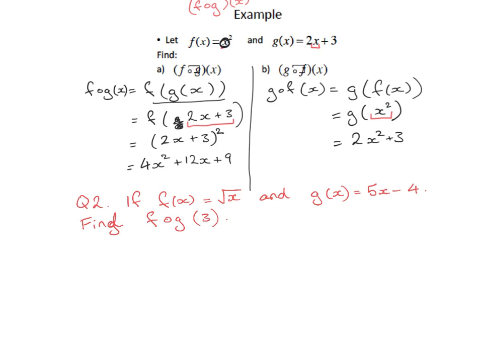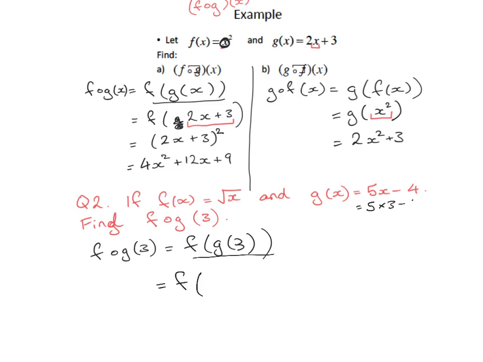So again, FOG of 3 equals f of g of 3. Guys, again, it's so important to write that first line. Never skip that. And that becomes f of, well, what's g of 3? So if we put 3 in here, we get 5 times 3 minus 4.